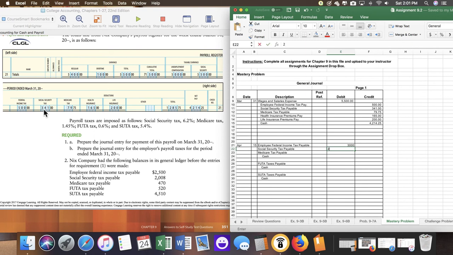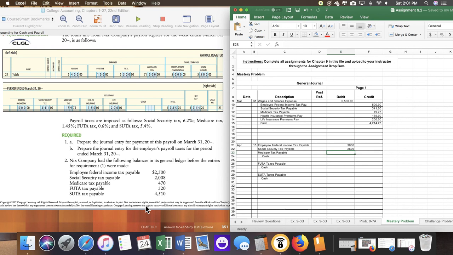So that's going to give us our $2,690. And then you're going to do the same thing for the rest of the problems. So you're going to take your calculations from 1B and the information from what you were given in the payroll register, add them to the amount, and that's going to give you the journal entries that you need.